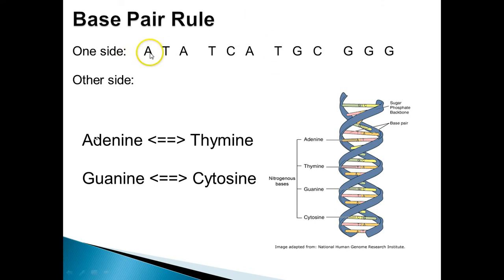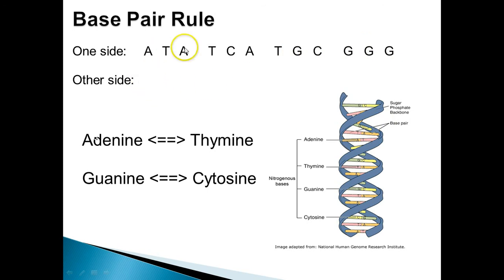So for example, if one side of the ladder went in this order, A, T, A, T, C, A, T, G, C, and G, G, G, you should be able to figure out what the other side of the ladder would be. I'll get you started.